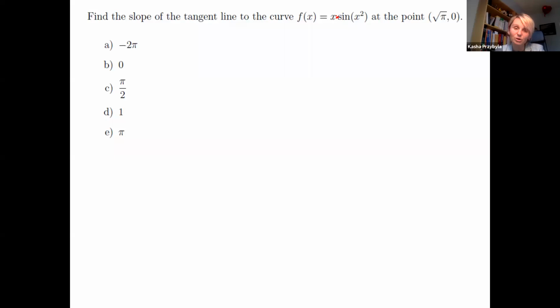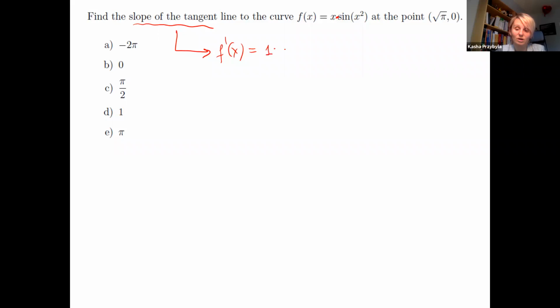It is important to realize what rule we have to use to get the derivative. Product rule, of course. Please remember. So we have x and sine of x squared.